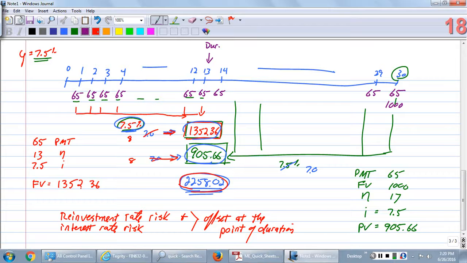So any change in your reinvested cash flows because interest rates change will be exactly offset by the change in price. So you have a known outcome. Interest rates can go up, they can go down, they can go all around, and you're still going to have 2258 at year 13. This only happens, for this example, at year 13. It would not happen at year 10. It won't happen at year 14 or 16 or 20. It happens at year 13 because the duration of this bond is 13.